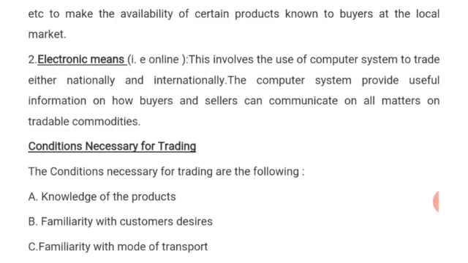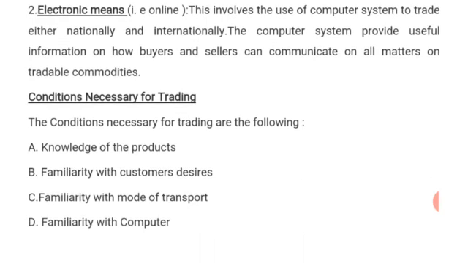For example, if I'm in Nigeria and my seller is in Ghana, we can interact without coming in contact with each other. We can interact through the use of a computer that has internet. This is a modern means of buying and selling of goods and services.